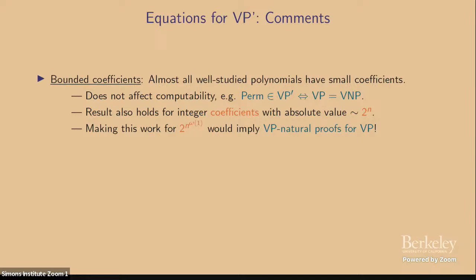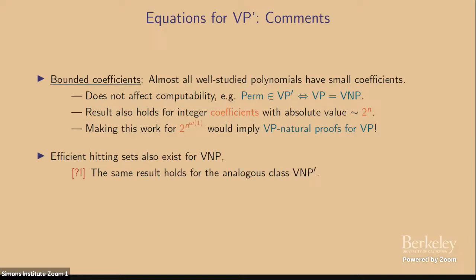You're claiming they're VP natural, but aren't they going to be in a much smaller class? They are. They are like depth 4 circuits or something. Okay. But we should somehow impose a rule that there are natural classes that correspond to families of polynomials. That's not the case.